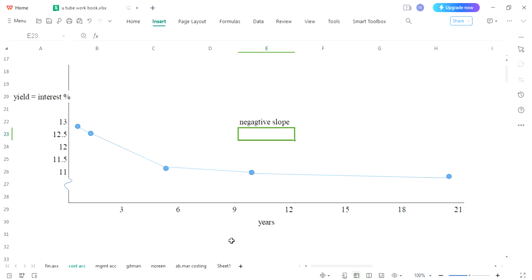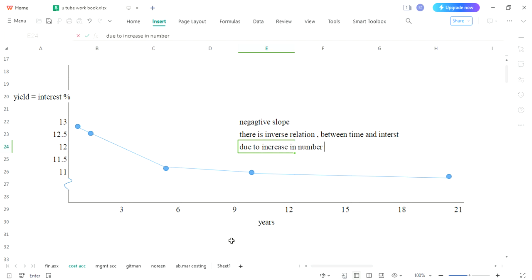So what you are learning from it, when it is negatively sloped, it means there is an inverse relation between time and interest. Inverse relation means if due to an increase in the number of years, the rate of return would be decreased.